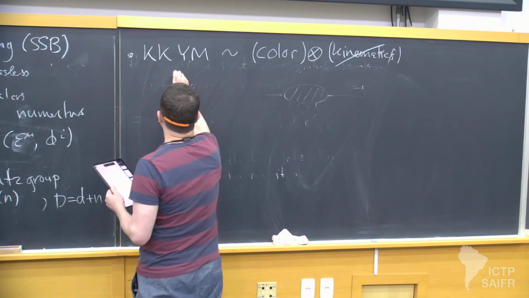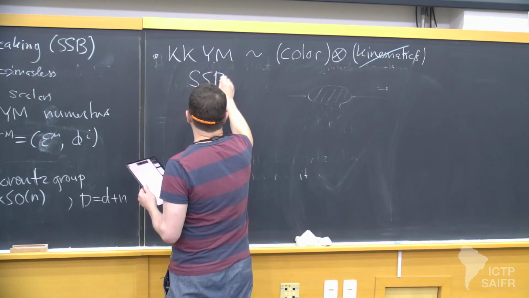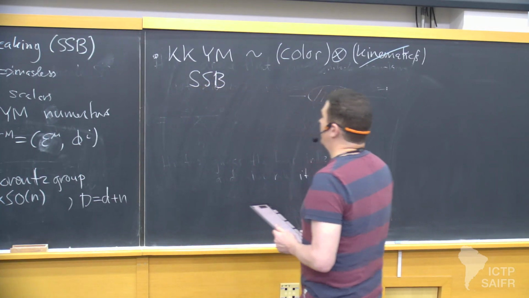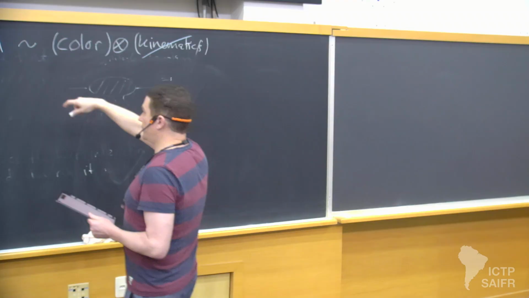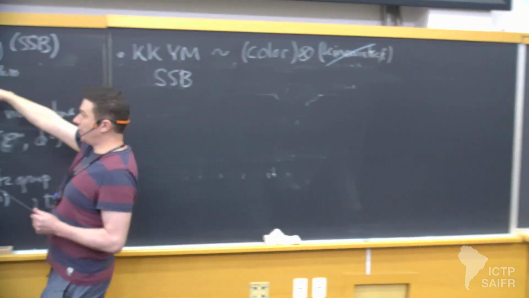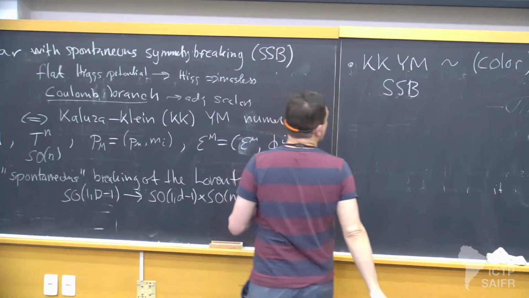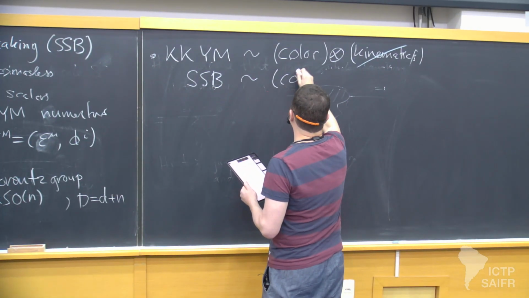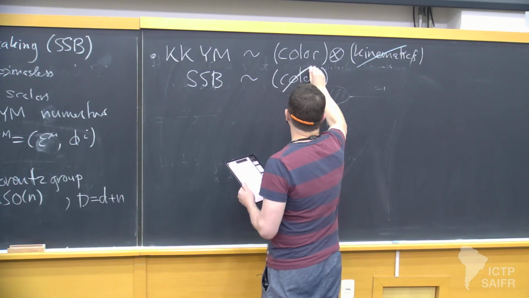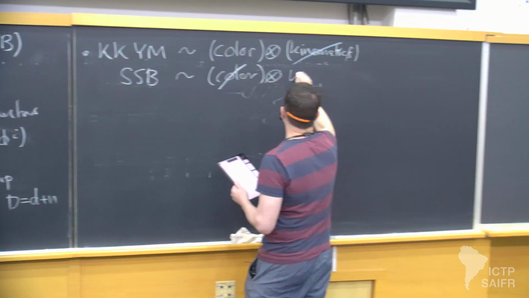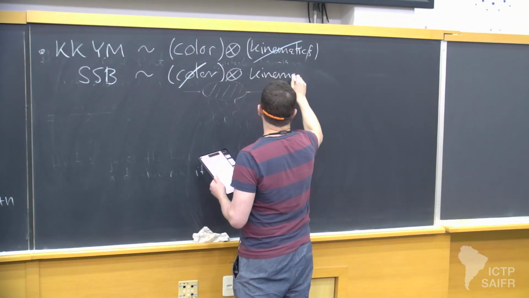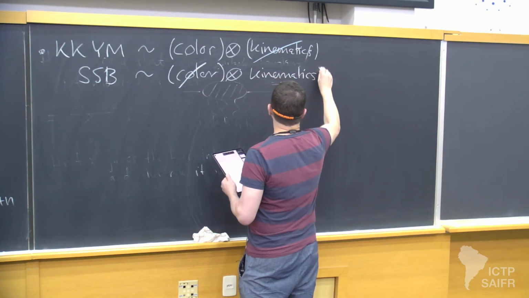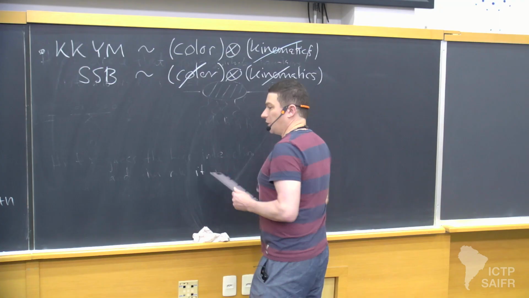And then as I said, you can relate this Kaluza-Klein Yang-Mills to this spontaneous symmetry breaking on the Coulomb branch specifically. And you can think of that as breaking both color and kinematics, in some intricate way.